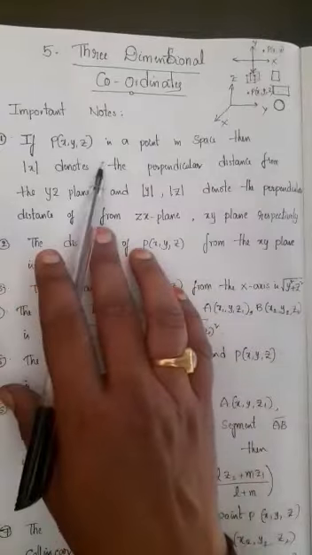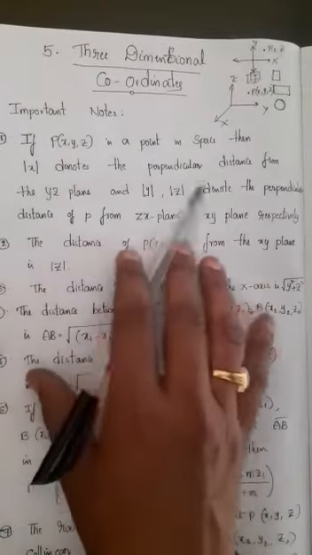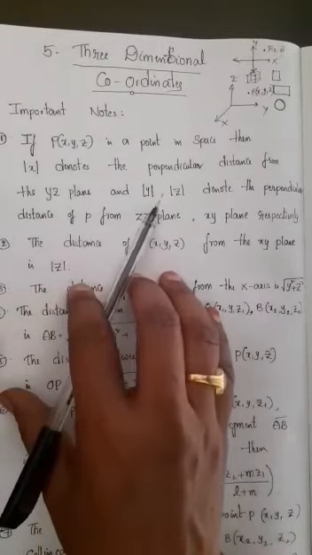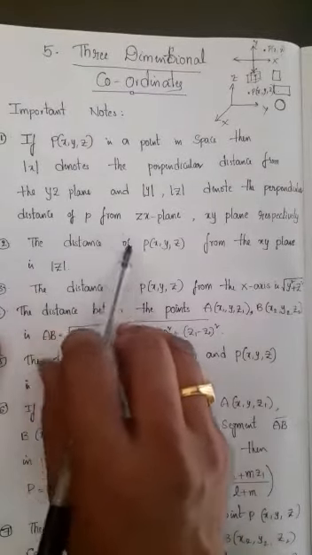Now if P of x comma y comma z is a point in space, then mod x denotes the perpendicular distance from the yz plane, and mod y and mod z denote the perpendicular distance from the zx plane and xy plane respectively, right?